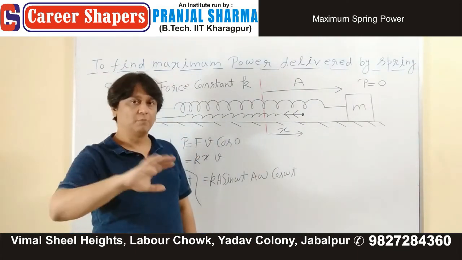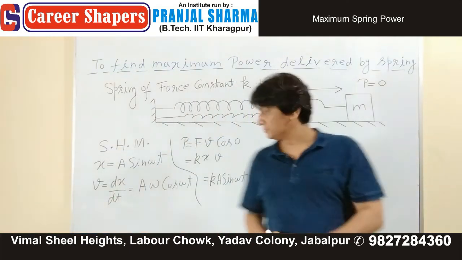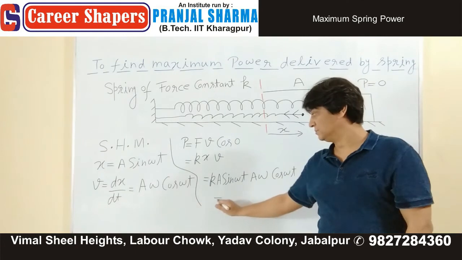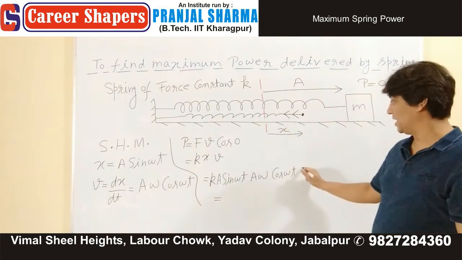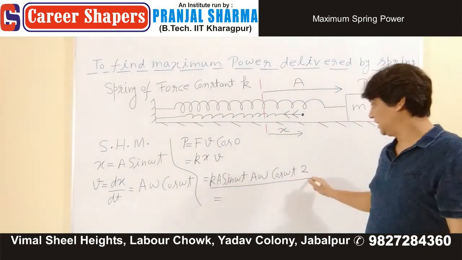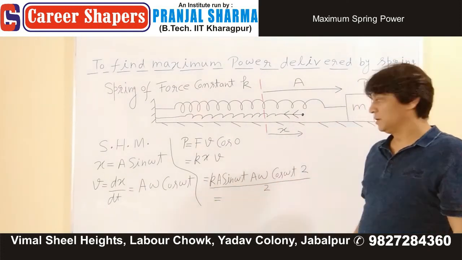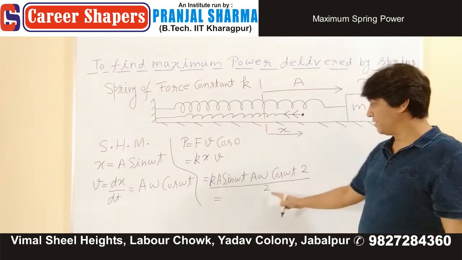You can but you don't have to. Look here. This P is, I think I can save time if I simply multiply this thing by 2 and divide the whole thing by 2. That saves time. This is a hint. Multiply 2, divide by 2.